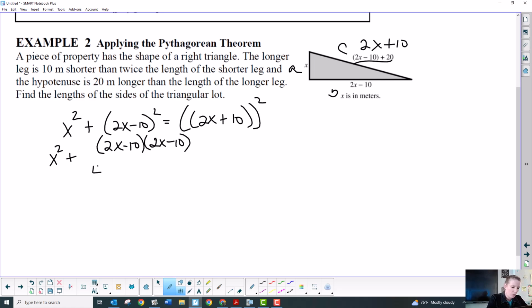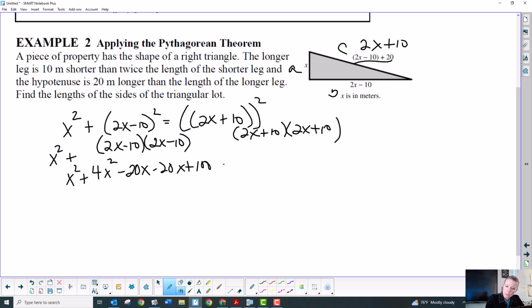So that's going to be 4x squared minus 20x minus 20x plus 100. And then this one, when I FOIL it out, 2x plus 10 and 2x plus 10. Bring that x squared down, equals 4x squared plus 20x plus 20x plus 100.